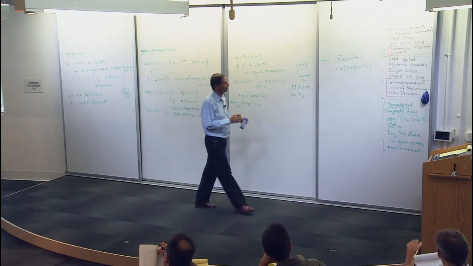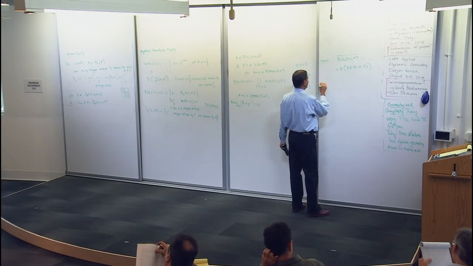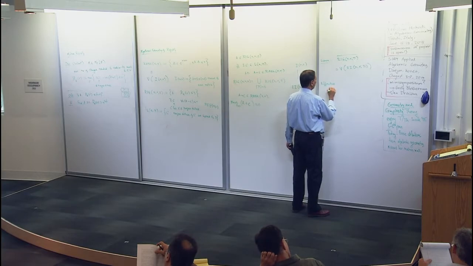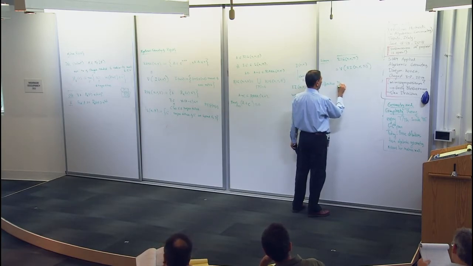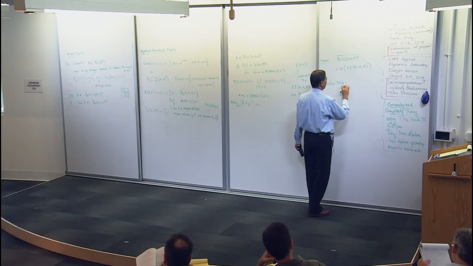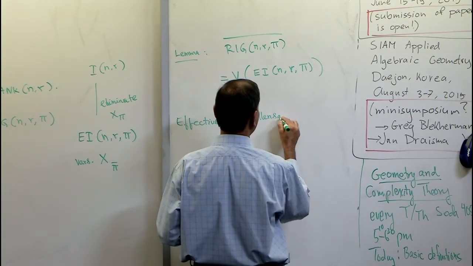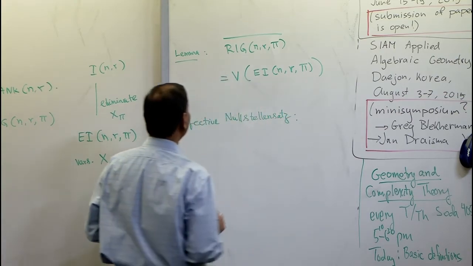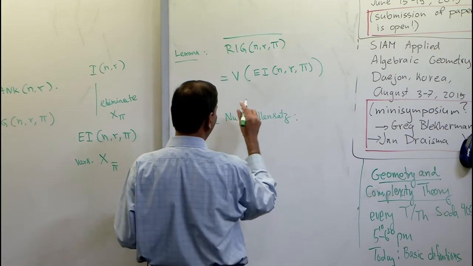Okay. So one thing that's well known already is some very exponentially large upper bounds. The effective Nullstellensatz shows this, and I will not state the theorem.